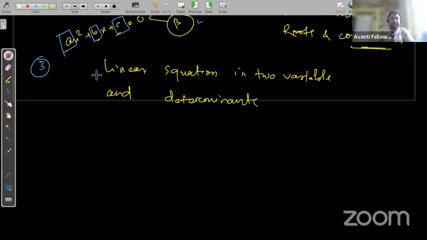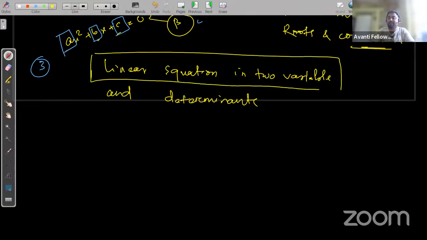All of you know what a linear equation is. Yes, all of you know linear equations with one variable, so we can say x is equal to 3. It's a linear equation because the degree of this equation is 1. Or you can write this equation as x minus 3 is equal to 0.